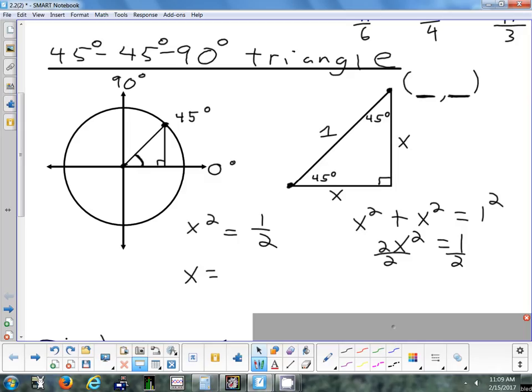And when you take the square root of a fraction, you do the top and the bottom separate. So take the square root of 1. Take the square root of 2. Something there I can simplify nicely. Does anybody see which one of those I can simplify?